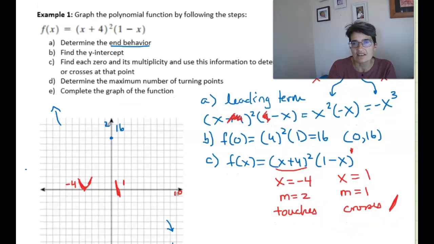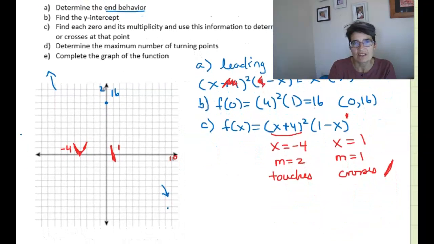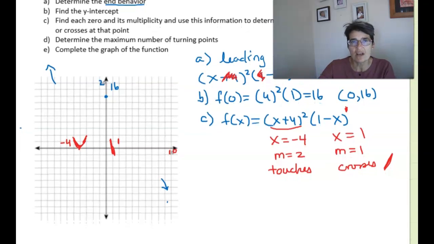All right, let's look at part D. Part D says, determine the maximum number of turning points. The maximum number of turning points is n minus 1, where n is the degree of the polynomial.